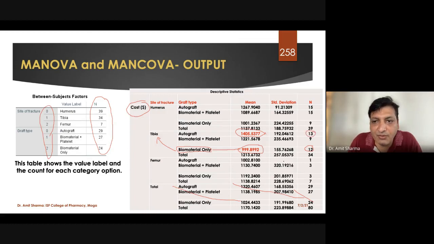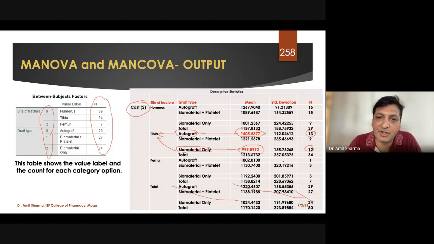was found to be 1405, where the patient was treated with autograft and they're also having a fracture of tibia. So you can see that the minimum cost was also observed in tibia, and the maximum cost was also observed in patients having a fracture of tibia.